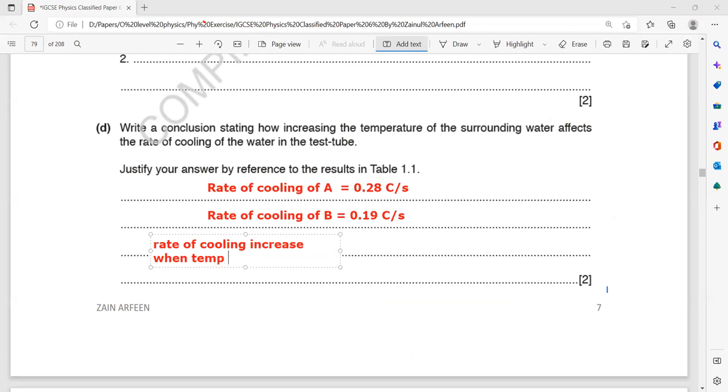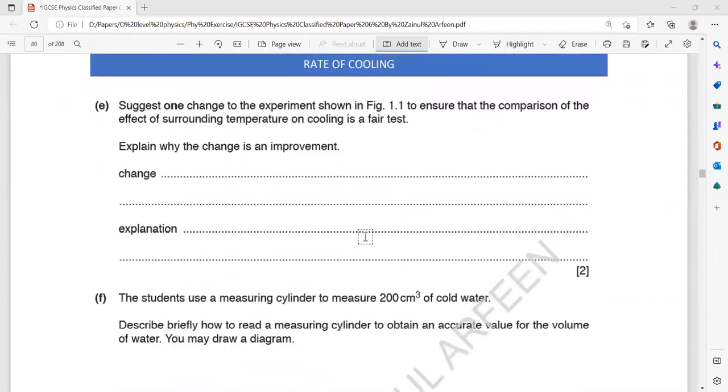Yeah, A cools faster than B. That's right. You can mention that as well, but you have to justify with readings.